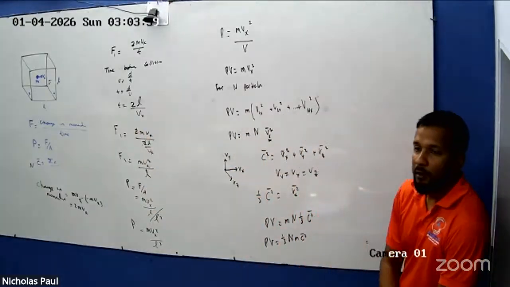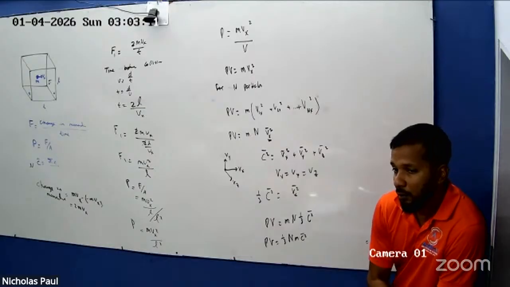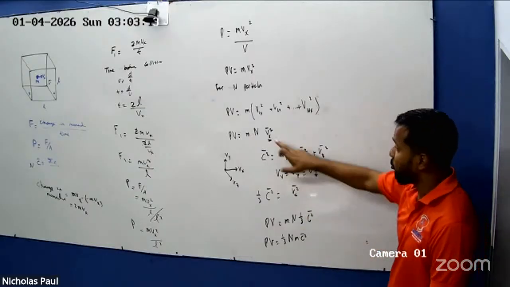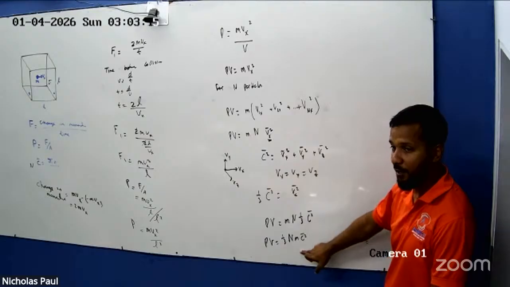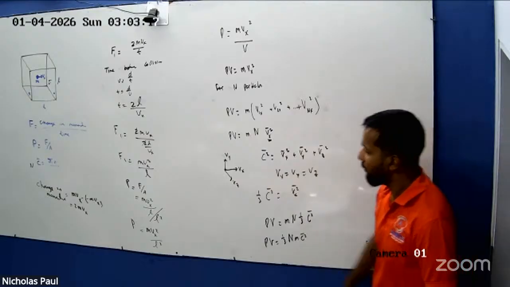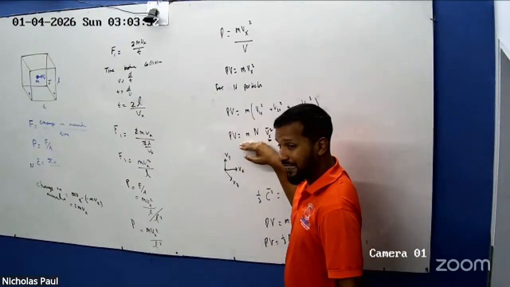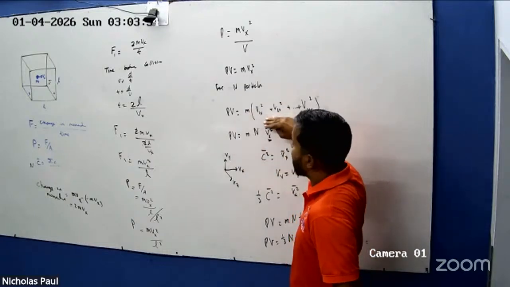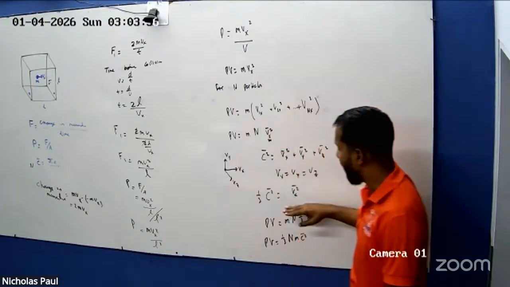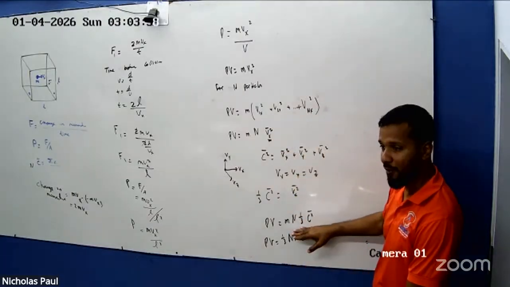So this is one part. This is all the particles in 3 directions. The left side is one particle, one direction. Here, n particles, one direction. Here, n particles, all the directions.